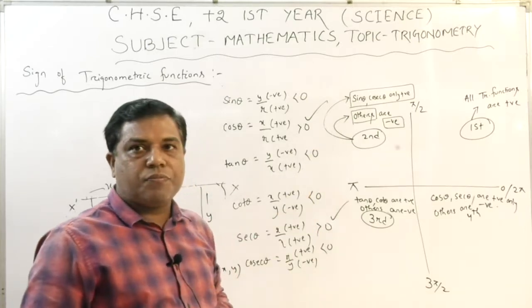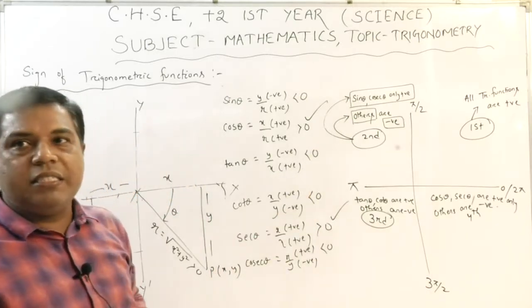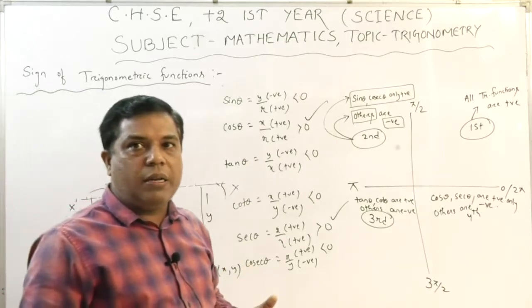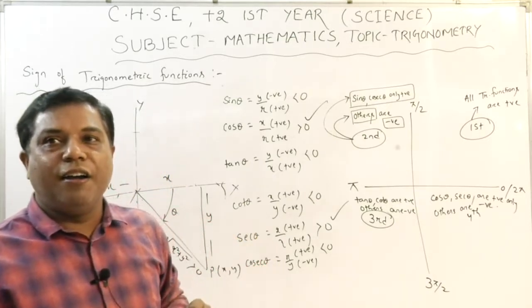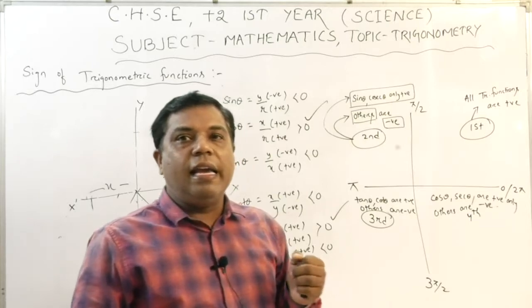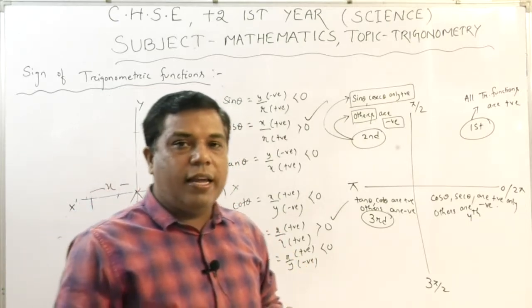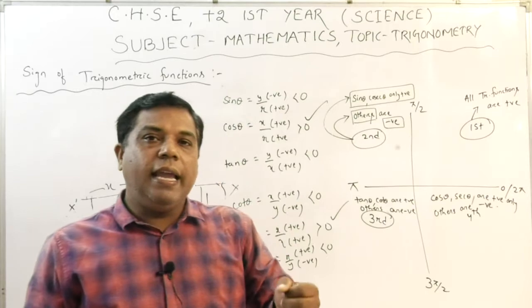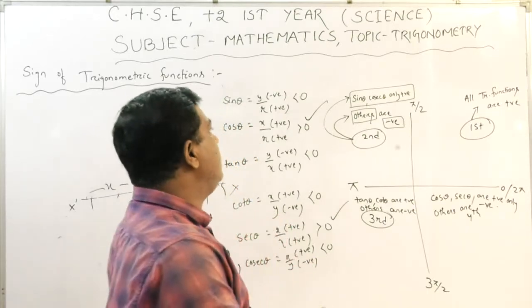Okay, students, this rule for the sign of trigonometric functions is famously known as the ASTC rule. This is called the ASTC rule.